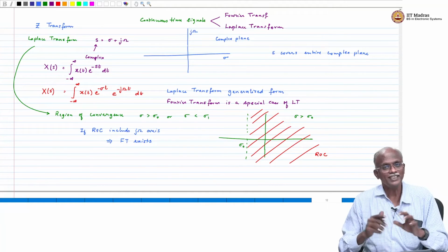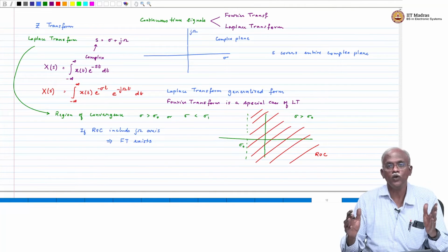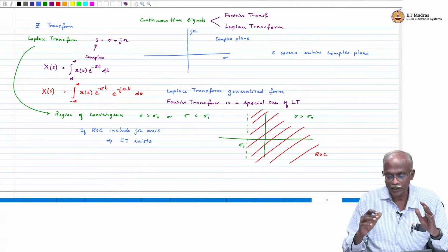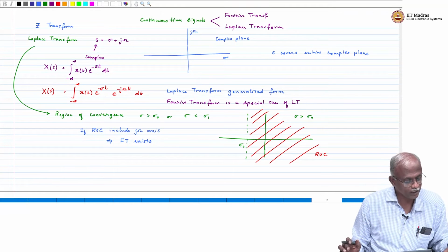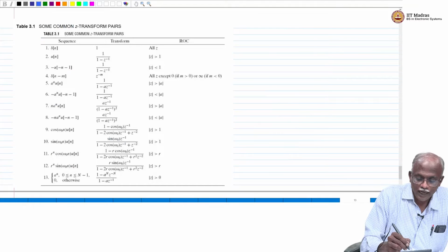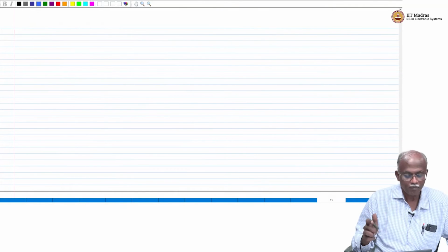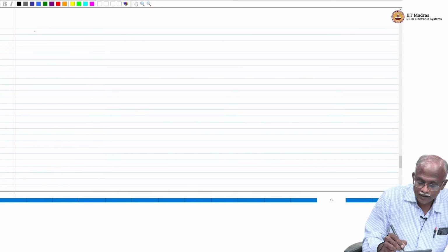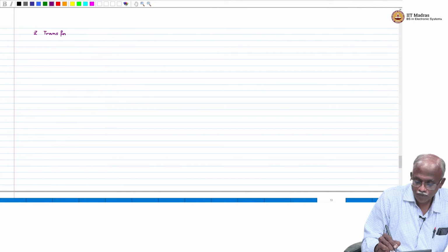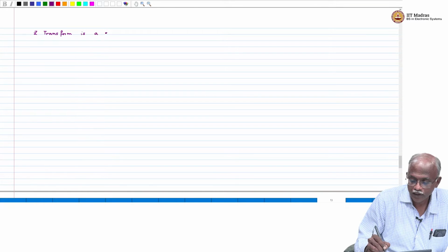That is a summary of what we already know about the transforms that we use for continuous time signals. Now, it is easy for us to explain the Z transform in the same manner. We can say that the Z transform is a generalization of the discrete time Fourier transform.